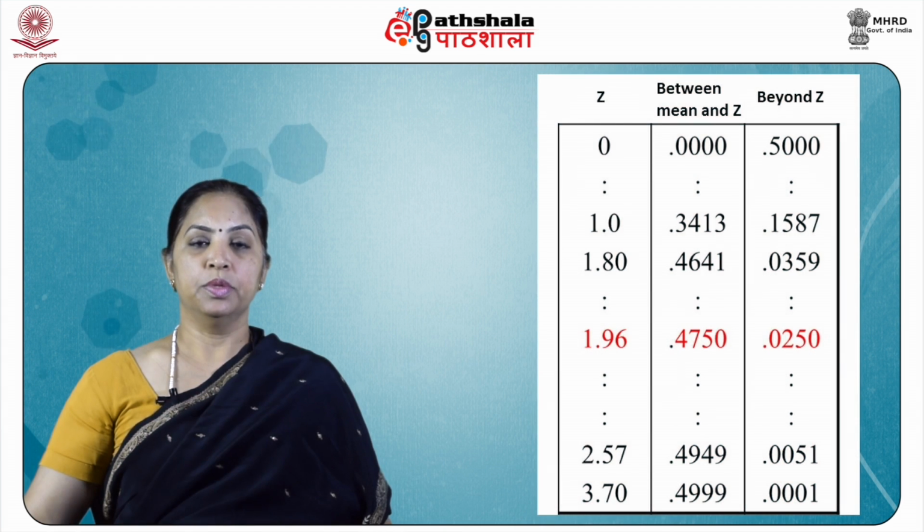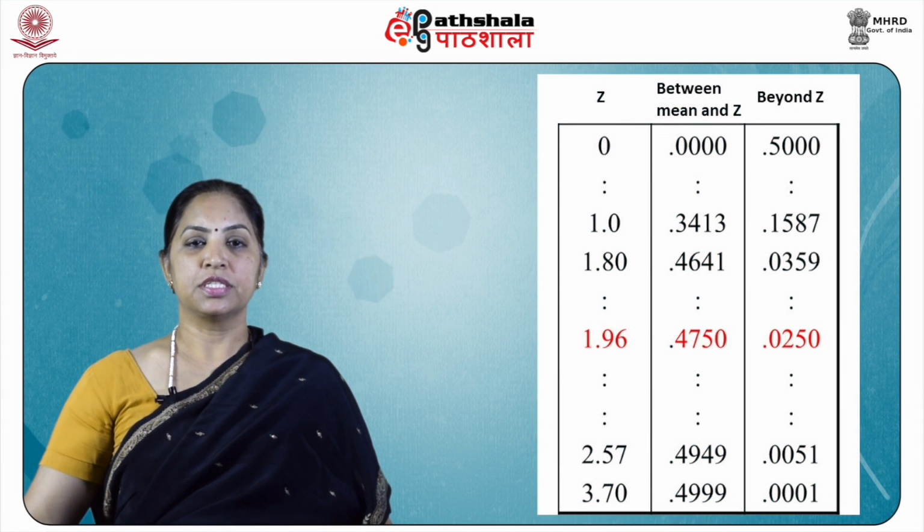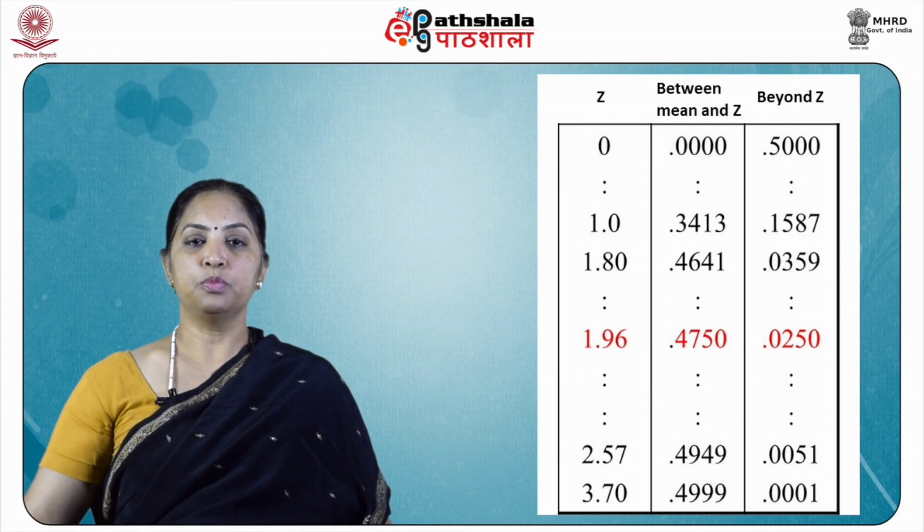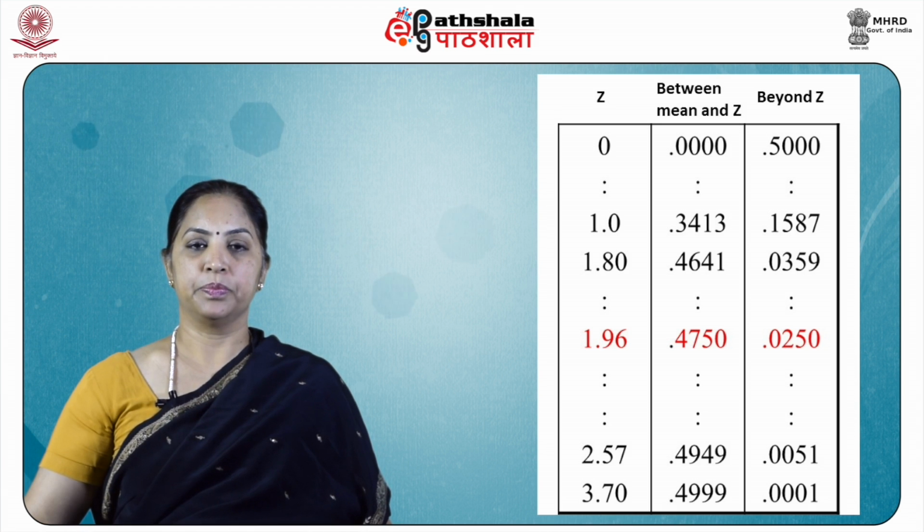Let us assume that the researcher decided to set the alpha level of significance at 0.01 level rather than 0.05 for a two-tail test in the above example.